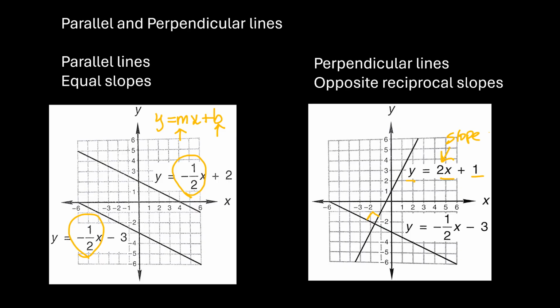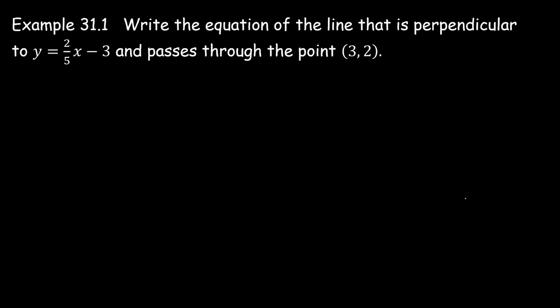That's the coefficient on x. And you can see that the slope of the perpendicular line is the opposite reciprocal of the slope of the other line. So you flip it, 2/1 becomes 1/2, and you change the sign. Positive becomes negative. That's what you need to know about perpendicular lines and their slopes. They have opposite reciprocal slopes.